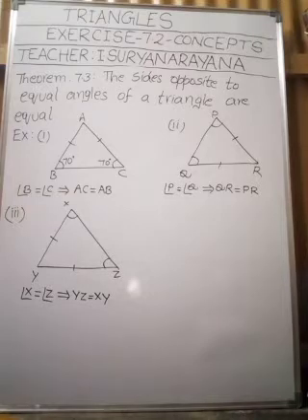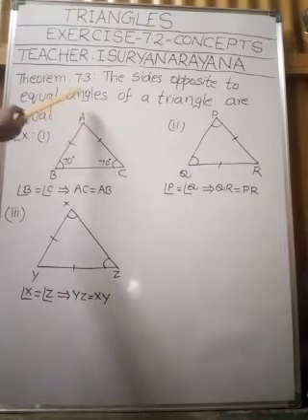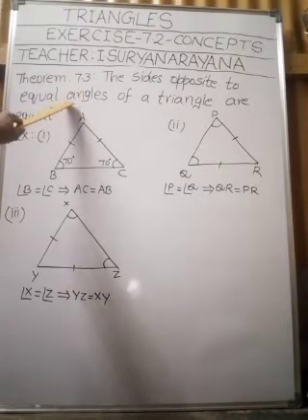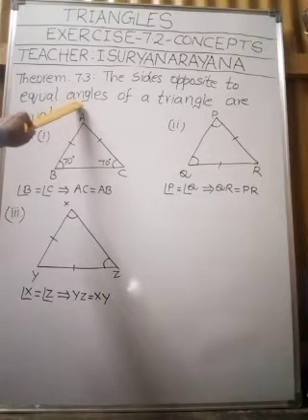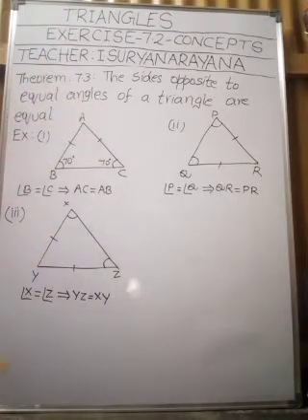That is why I am not explaining the proof of theorem 7.2 and theorem 7.3. Okay, my children, only statements are enough. By using the statements, we solve the sums in exercise 7.3.